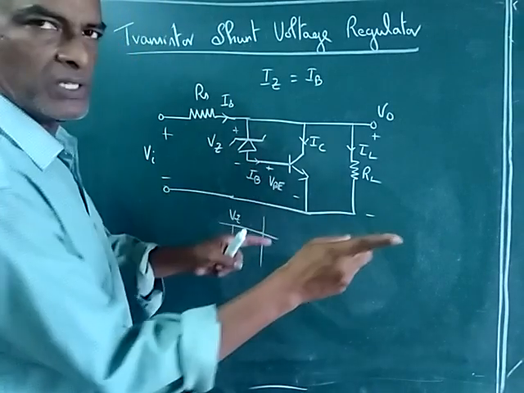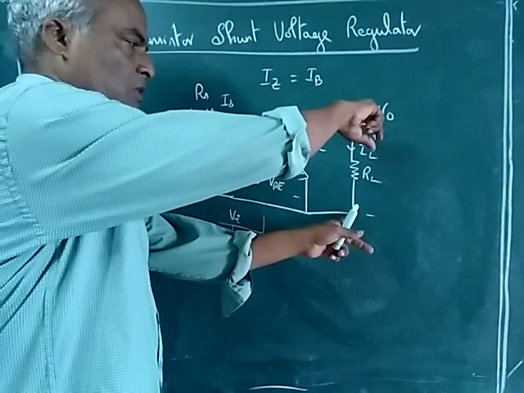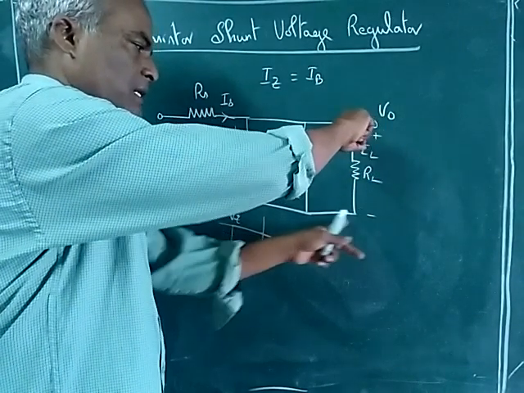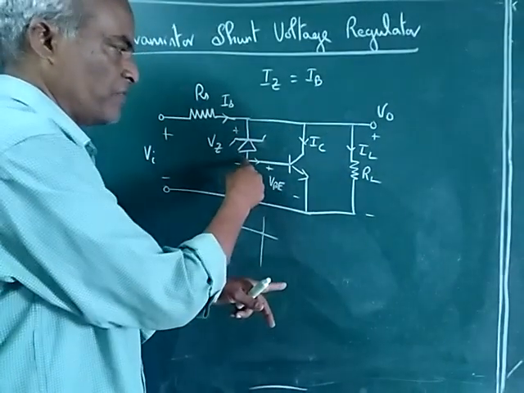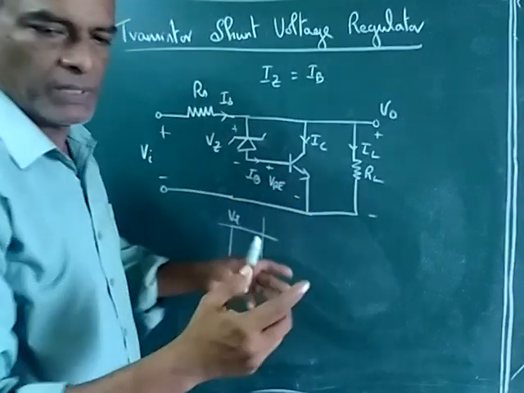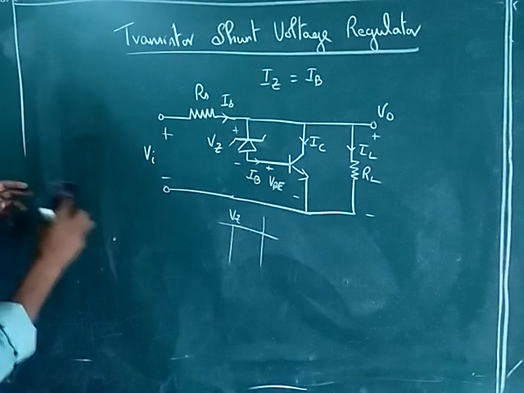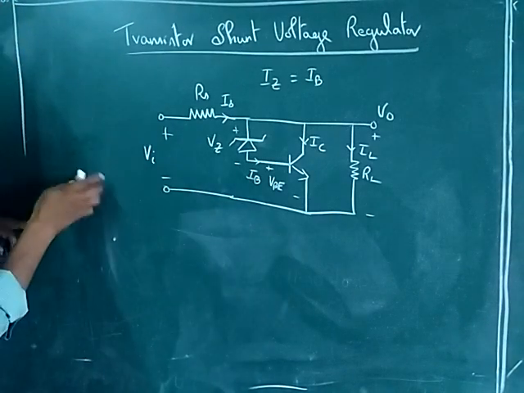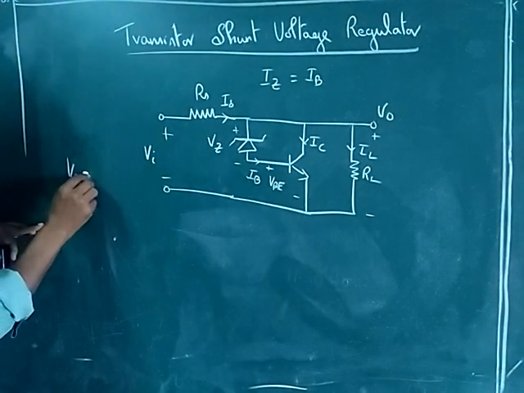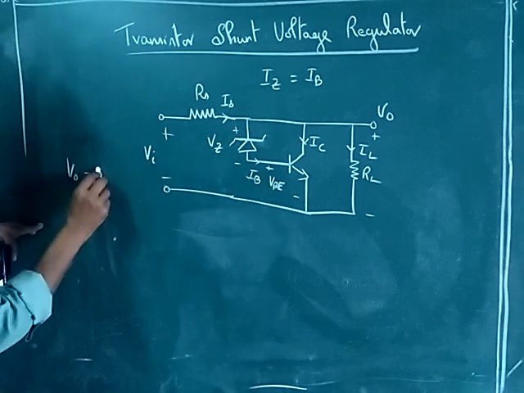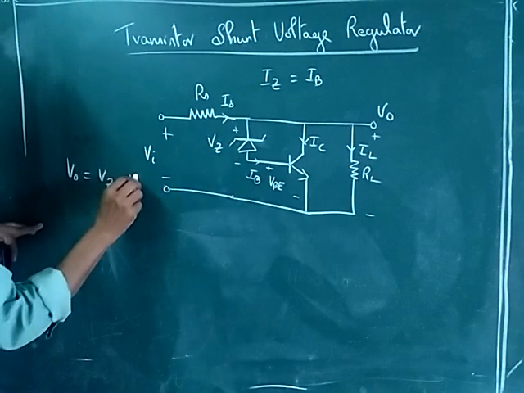Now if you carefully see, Vout is the voltage across RL as well as the voltage drop of Vz plus VBE. That means I can write Vout is equal to Vz plus VBE.